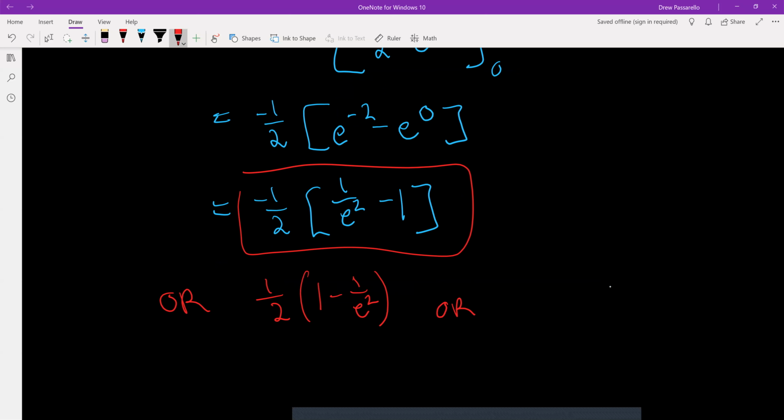Or just distributing it, you'd have negative 1 over 2e squared, and then plus 1/2. So that would be 1/2 minus 1 over 2e squared. All right, so either one of those is how the answer is going to be.